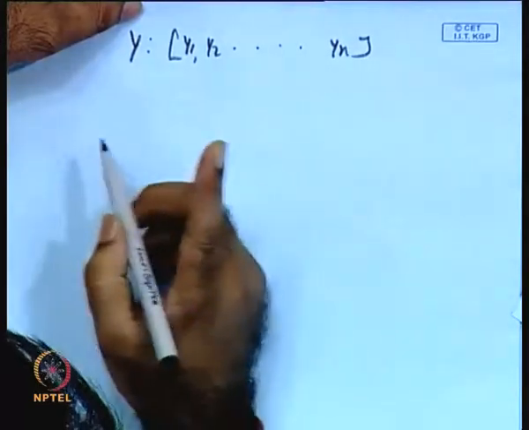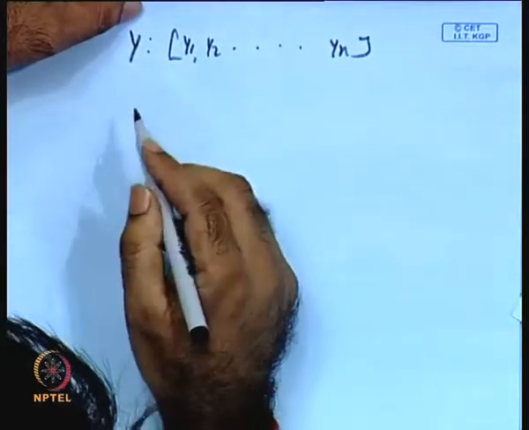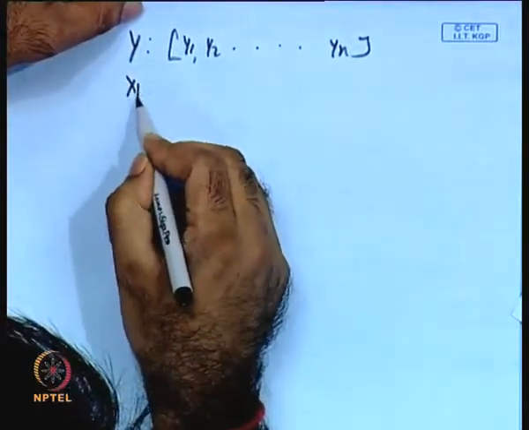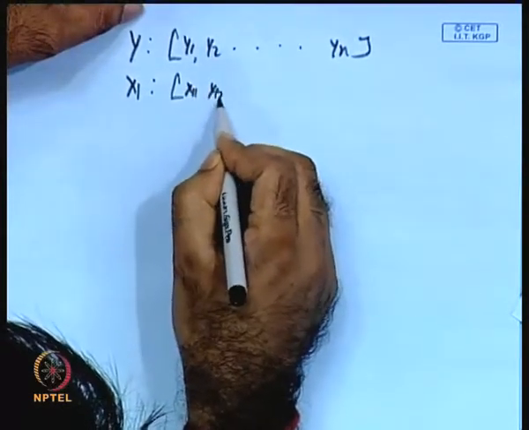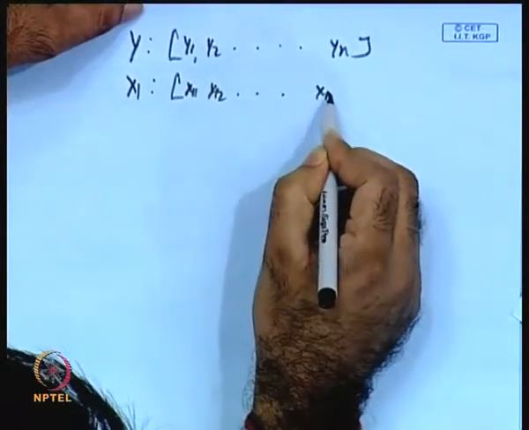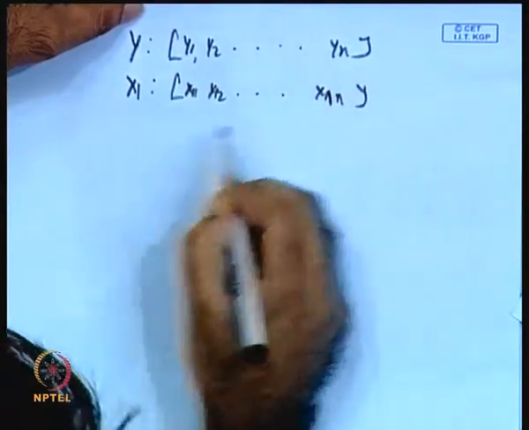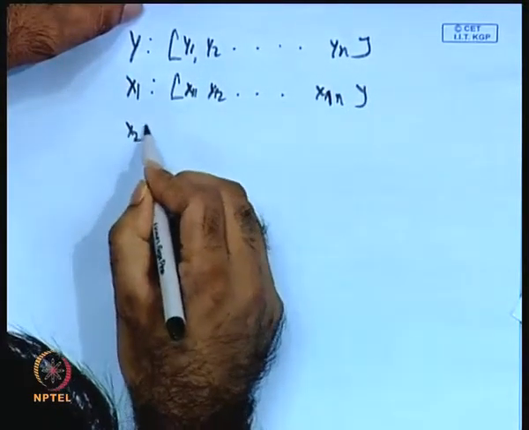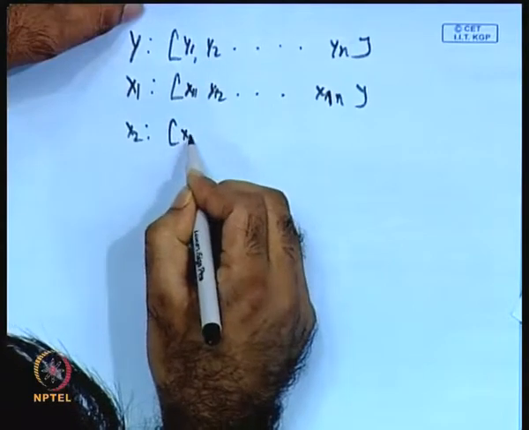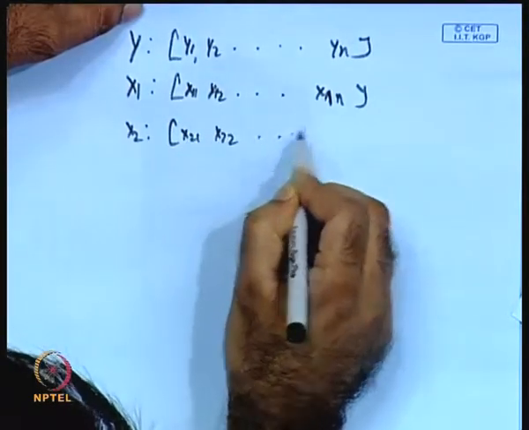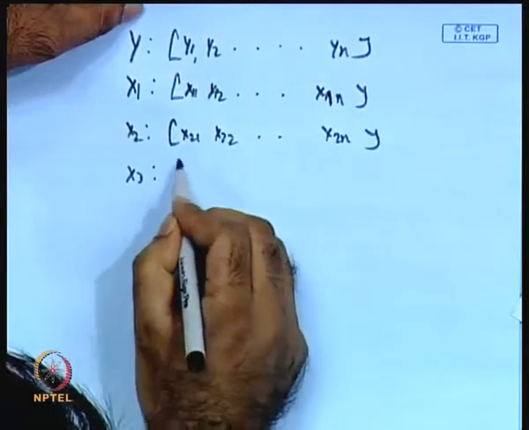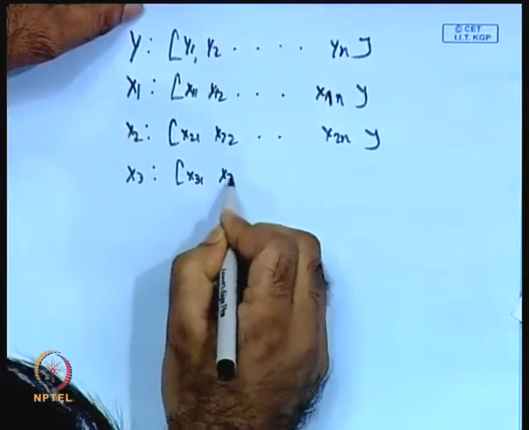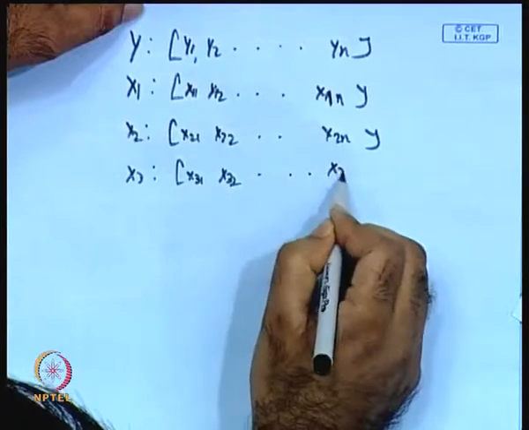Similarly, we have different independent variables. We take x1: x1 is nothing but x11, x12, up to x1n. Similarly for x2, the picture is x21, x22, up to x2n. Then x3 consists of x31, x32, up to x3n.